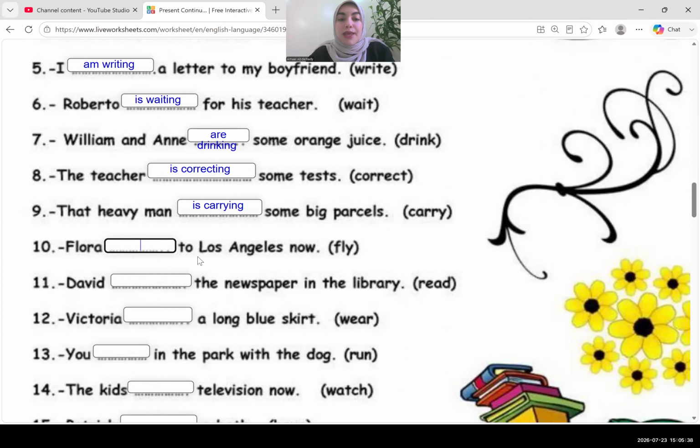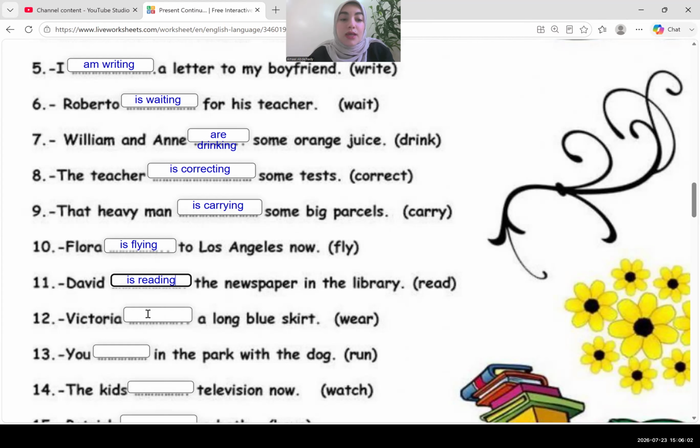Flora is flying to Los Angeles now. So Flora is a singular noun. It must take is flying. David is reading the newspaper in the library. David is a singular noun, so it must take is reading the newspaper. Victoria is wearing a long blue skirt.